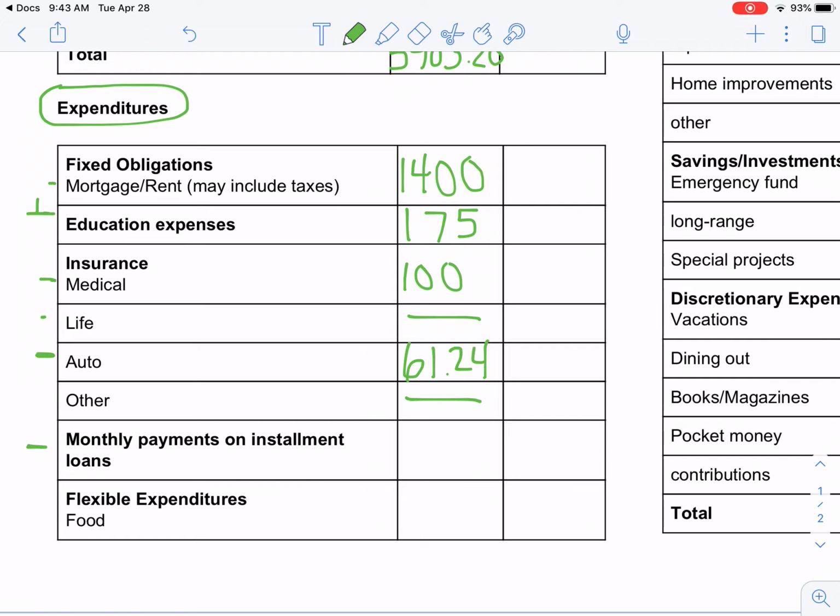These monthly payments and installment loans would be if you were to take out a loan to work on your house.